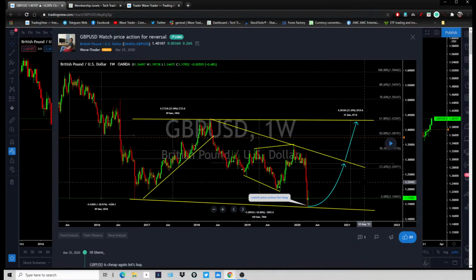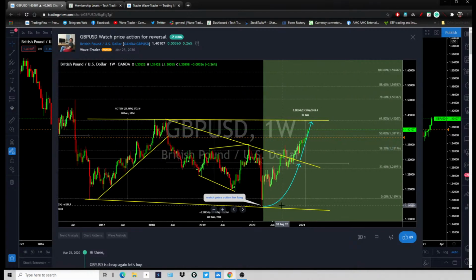They were anticipating that the pound would go much lower. But it was worth going long on the pound from that low in March. So we are about to finish that weekly wave close to this previous top, where the pound is going to struggle.